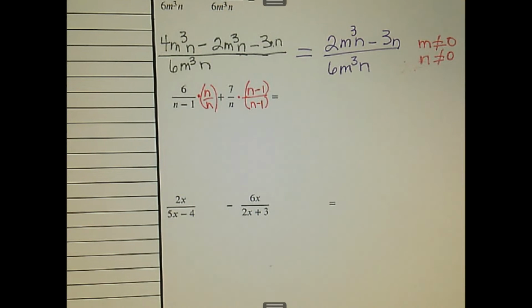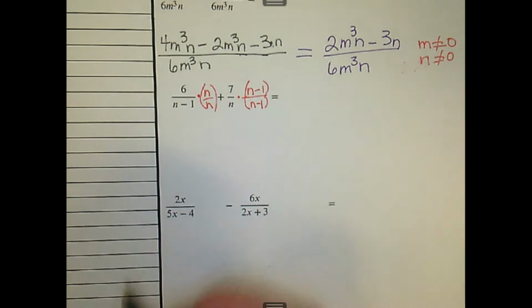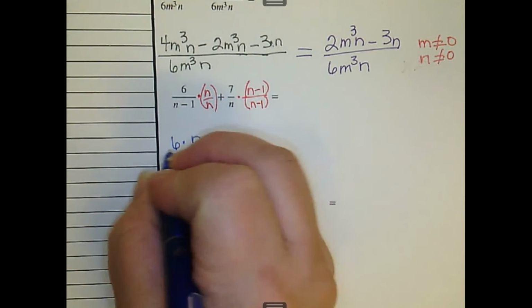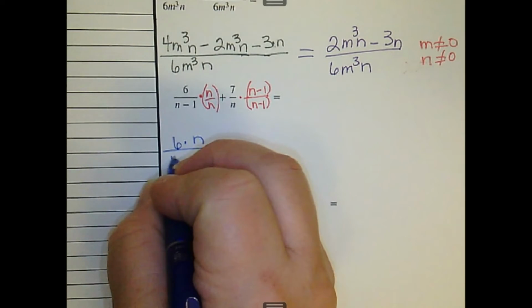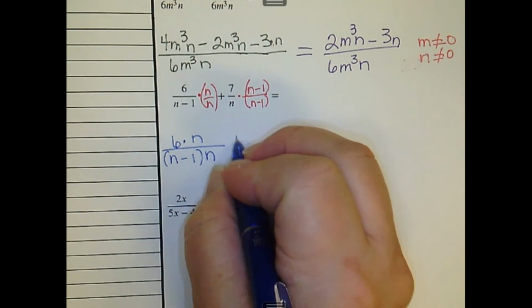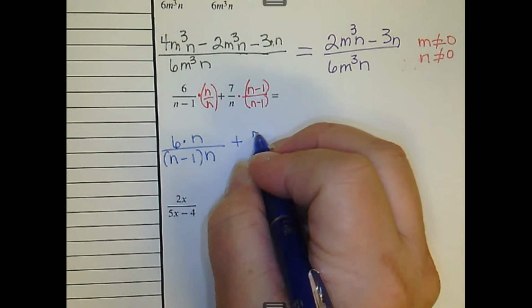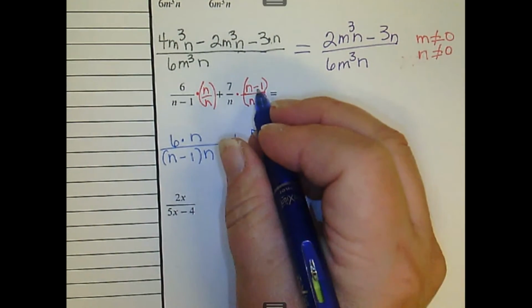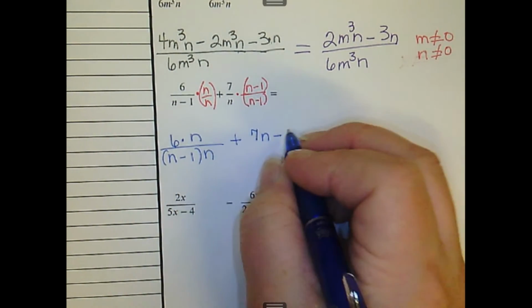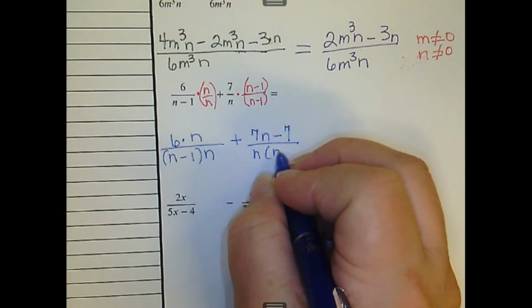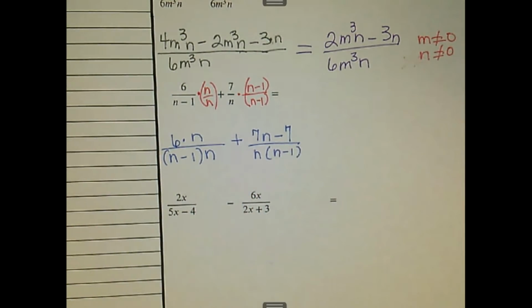Okay, so let's break it into our two parts. Six times n over n minus 1 times n plus 7 times n, 7n, minus 7 times 1 is 7 over n times n minus 1.